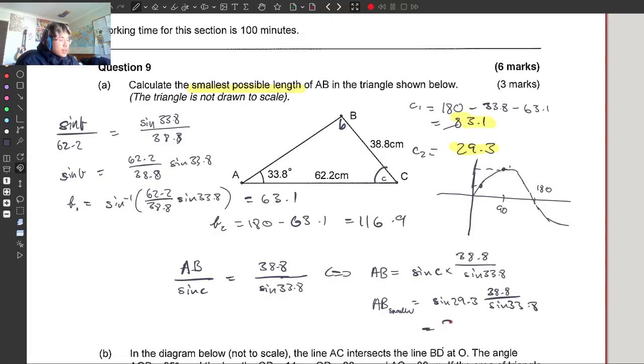This then gives us a side length of 34.1 centimeters.